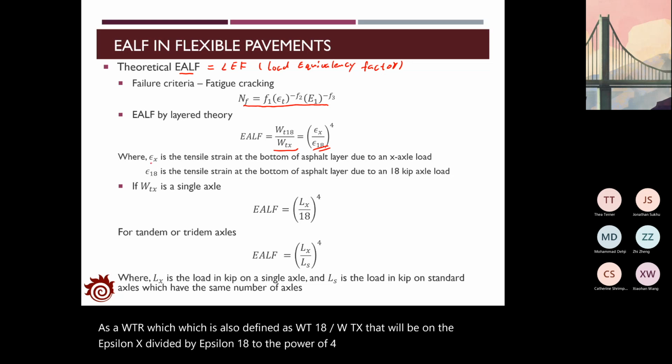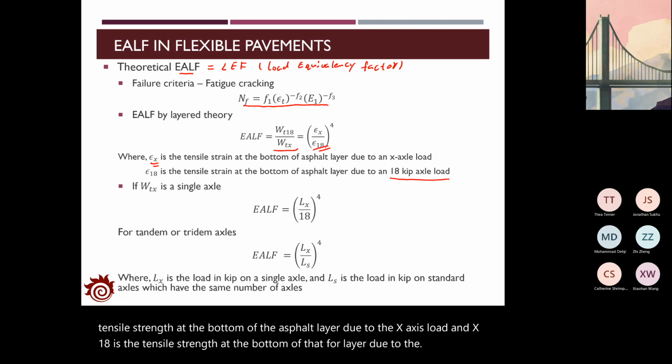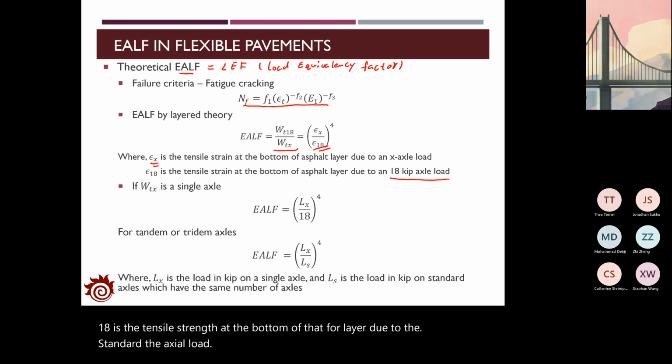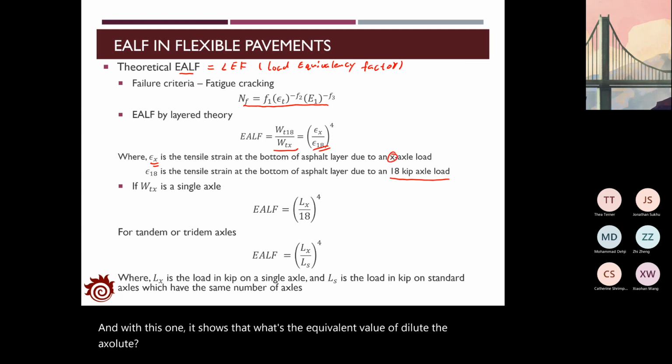Here, epsilon x is the tensile strain at the bottom of the asphalt layer due to the x-axle load, and epsilon 18 is the tensile strain at the bottom of the asphalt layer due to the standard axle load. This shows the equivalent value of the x load to the standard load with respect to the tensile strain.